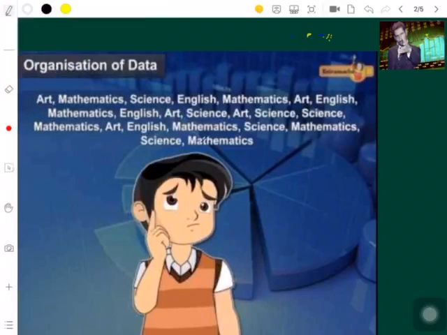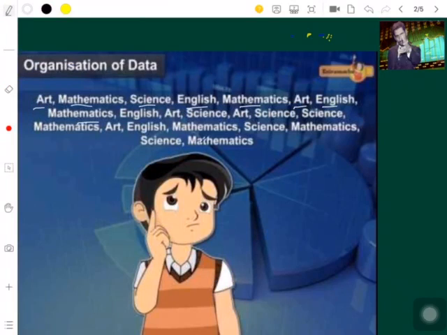But what is he finding? He is finding things put in a jumbled way. See, art, mathematics, science, English, mathematics, art, English, mathematics, and so on and so forth. But he wants to put the things in a very particular manner. Before I go to the definition, I am making you understand what organization is all about.